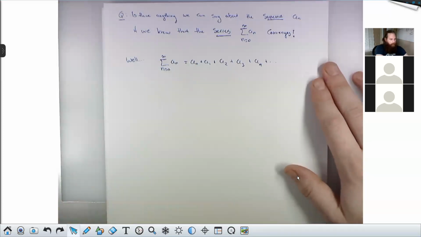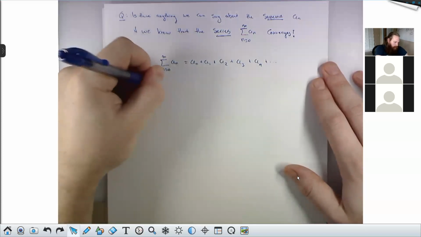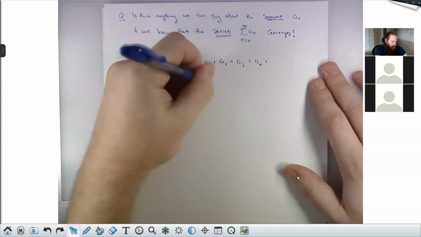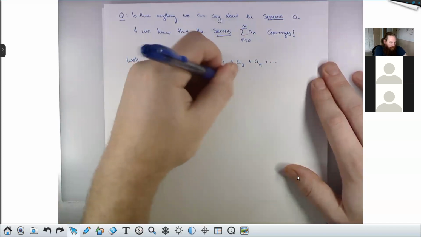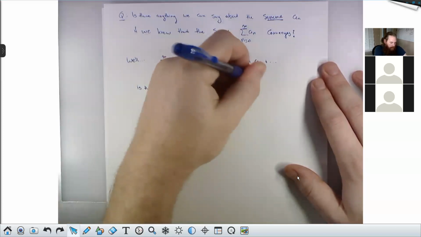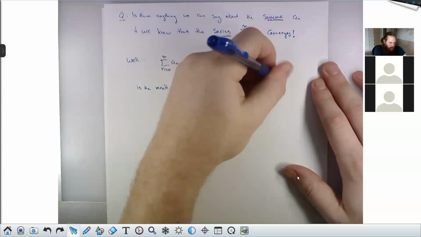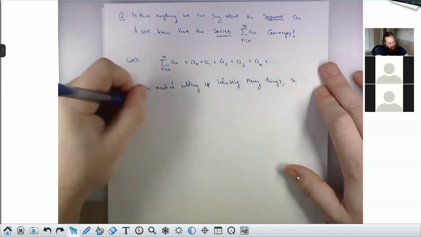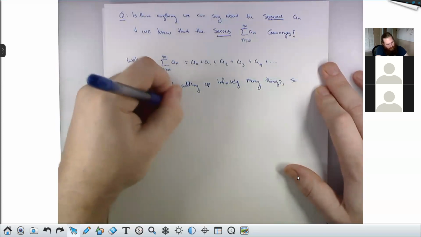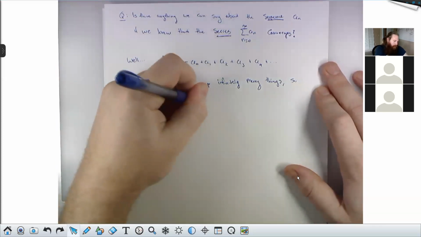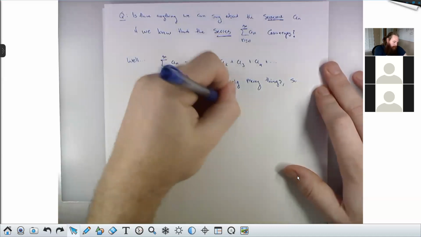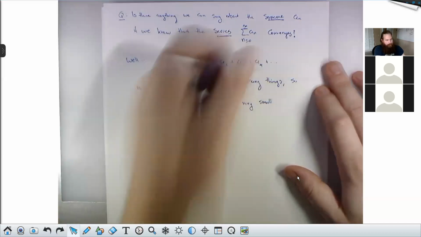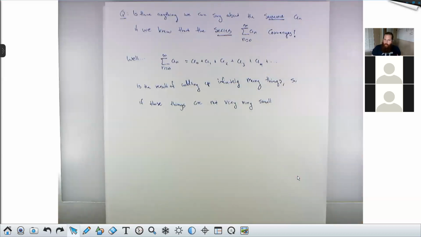It is the result of adding up infinitely many things. So if those things are not very, very small, then the series has no chance at converging.